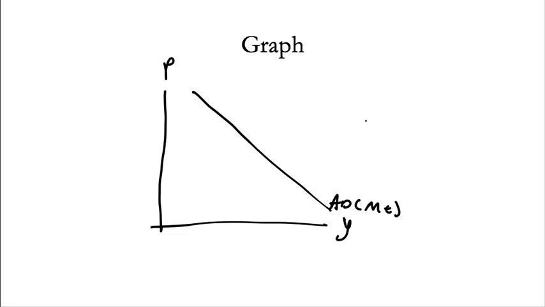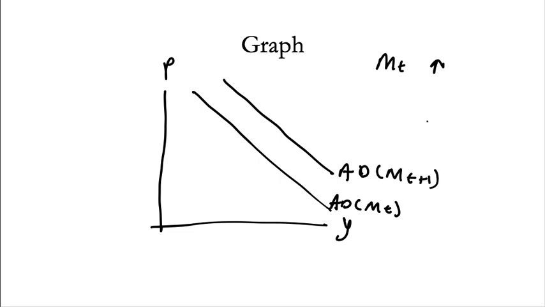So just imagine, if nominal money supply increases, then obviously AD will shift to the right from here to AD at m_{t+1}, for instance. So it shifts to the right.